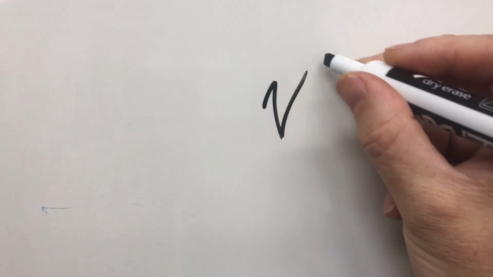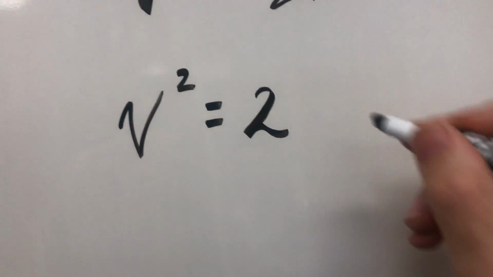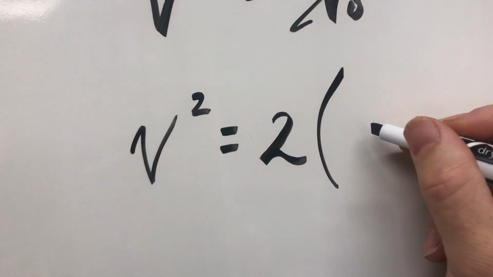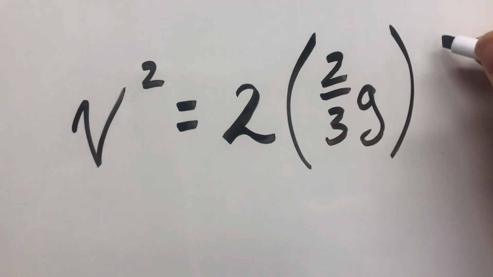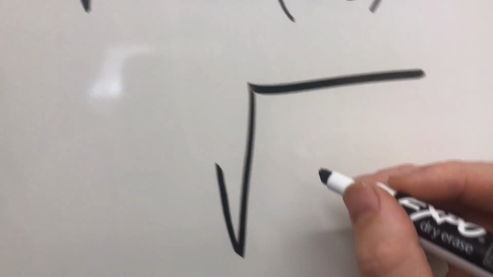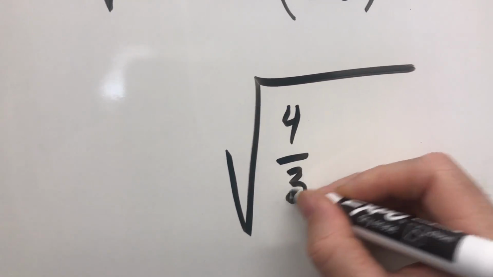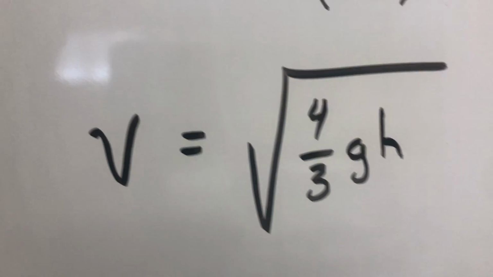So I know that v squared is equal to 2 times a, and a was 2/3 g, times h, which means the square root of 4/3 gh, and that would be my velocity.